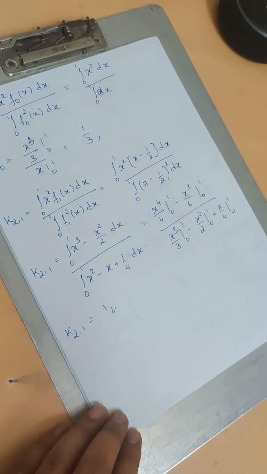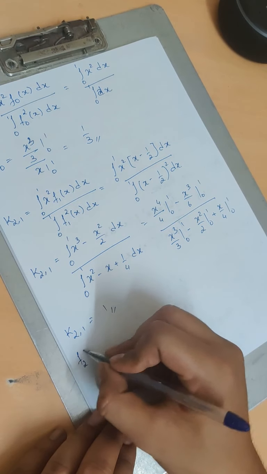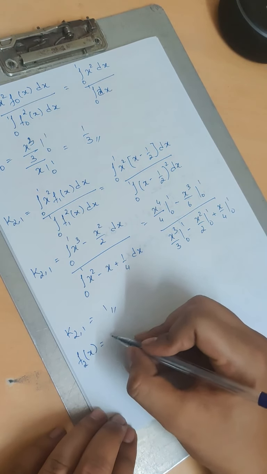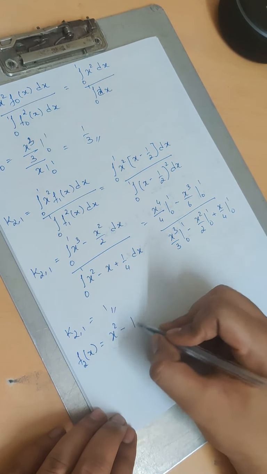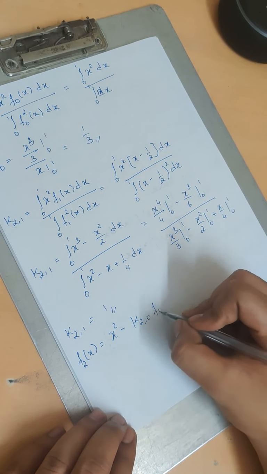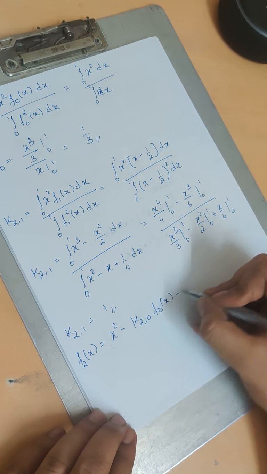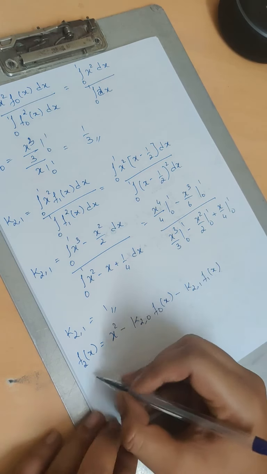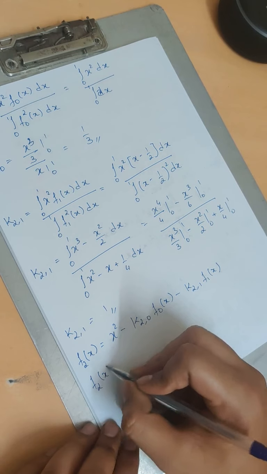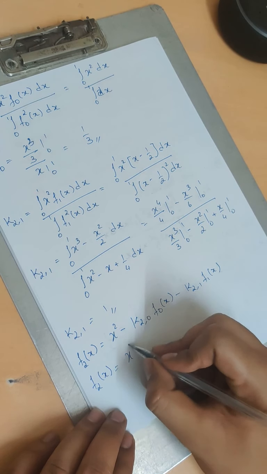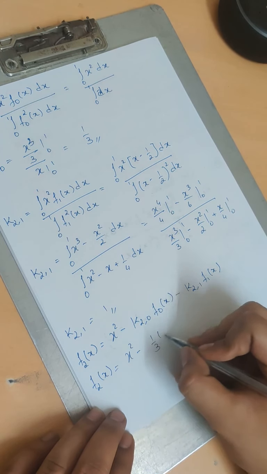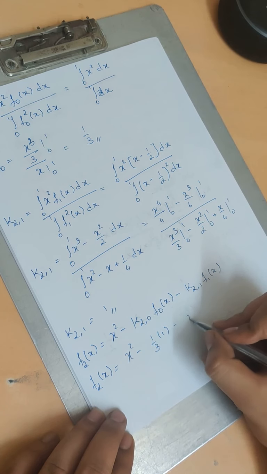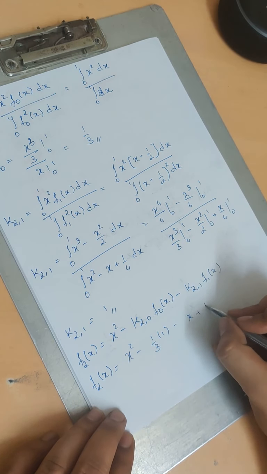Substitute and you get it too. So f2 of x is equal to x square minus k2 comma 0 f0 of x minus k2 comma 1 f1 of x, or else f2 of x is equal to x square minus 1 by 3 into 1 minus x plus 1 by 2.